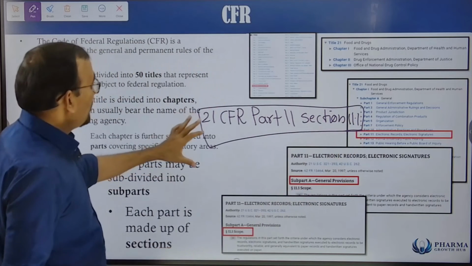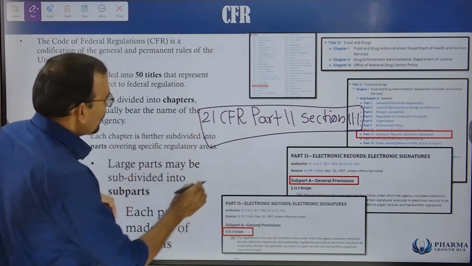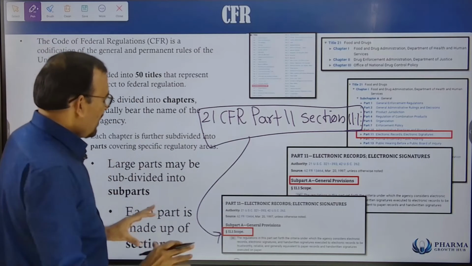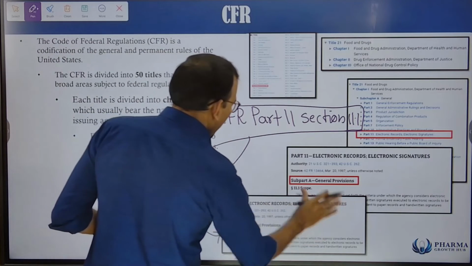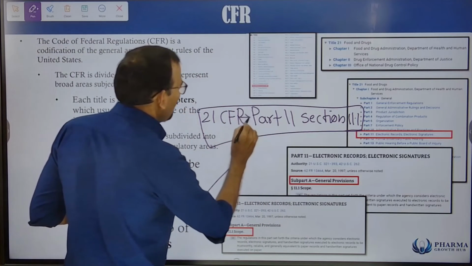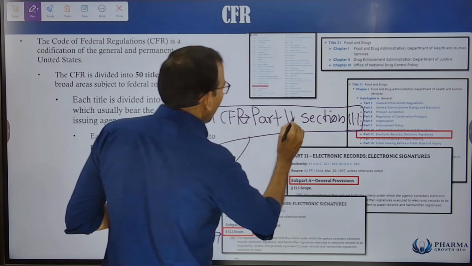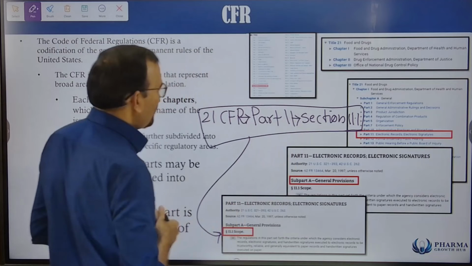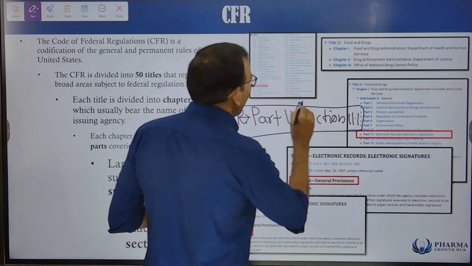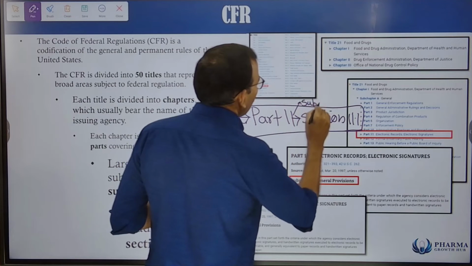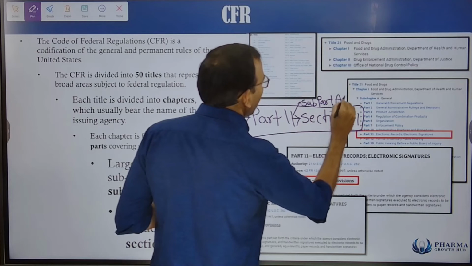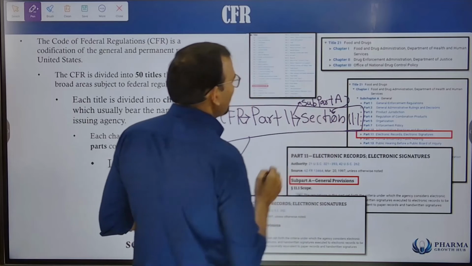This information helps you reach this particular point, the scope under electronic records and electronic signatures. 21 CFR, followed by the part number 11, and in that it has section 11.1. Or you can also mention the subpart A in between, but many times subparts are not written. But you can also mention subpart A, and then you can reach the section within that.